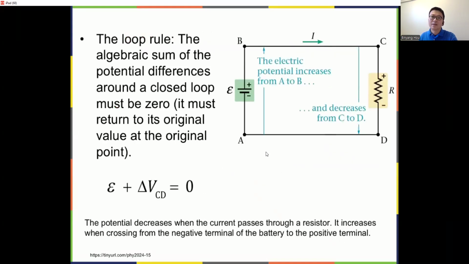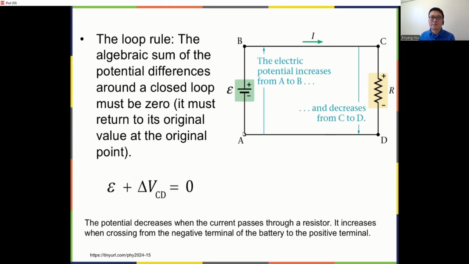The loop rule deals with the conservation of energy, and energy is related to voltage. So if you start from A, go through a loop, and come back to A, you should get the same voltage. That means the change in voltage from A back to A should be equal to 0.